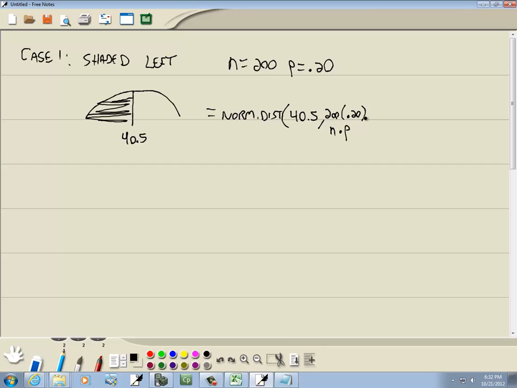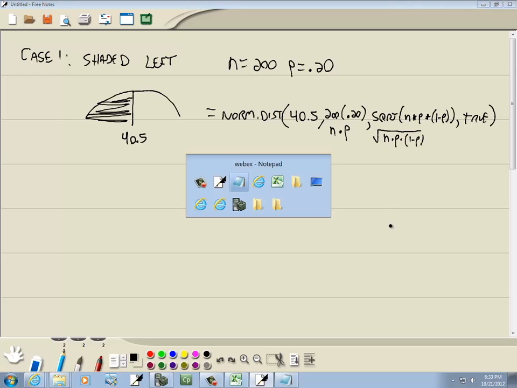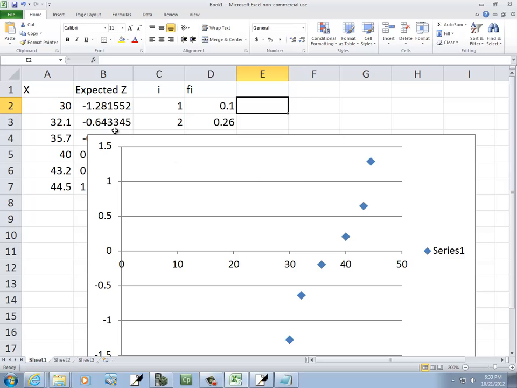And then your standard deviation is the square root of n times p times 1 minus p. Closing parentheses on 1 minus p, closing parentheses on square root, comma, true. Well, let's go plug this into Excel.